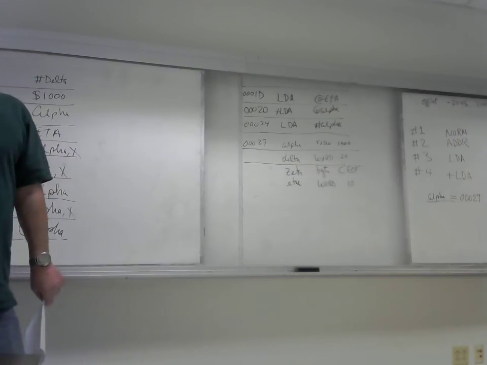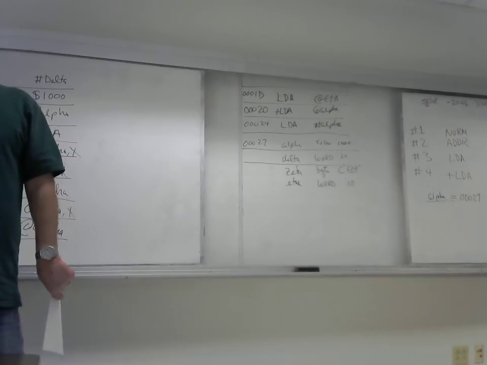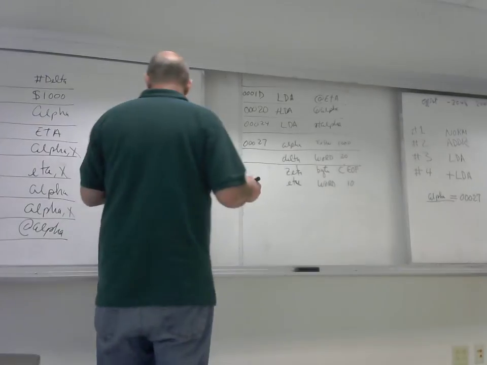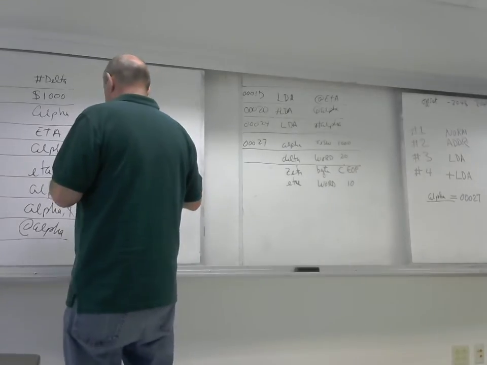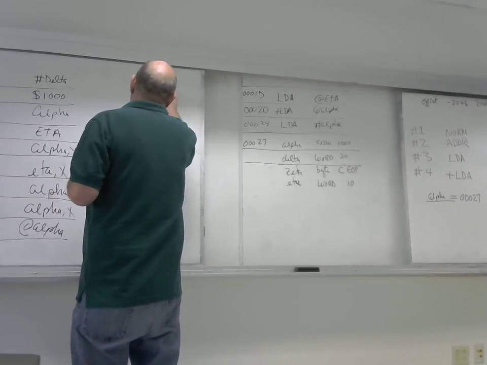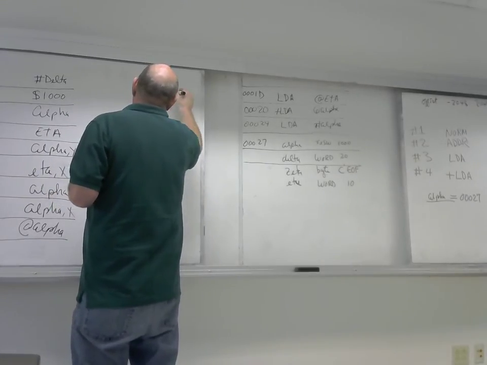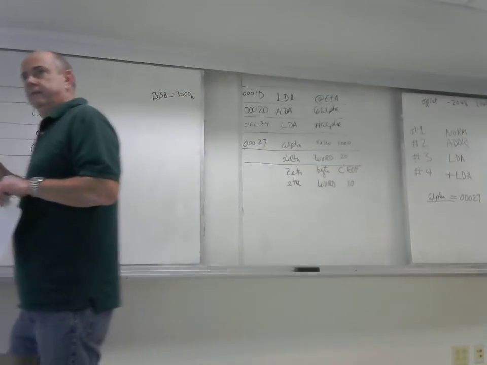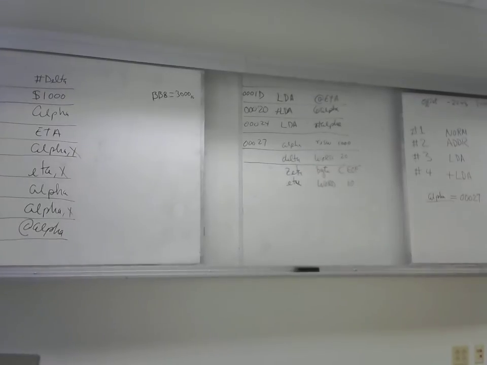Yeah, we got reserve word, 1,000 of them. Well, 1,000 words is 3,000 bytes. Okay, so to make your life a little bit easier, I will tell you that 3,000 is equal to BB8. Okay, 16. Okay, so what's the address of delta?